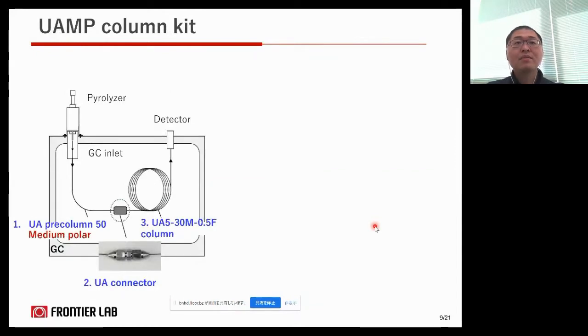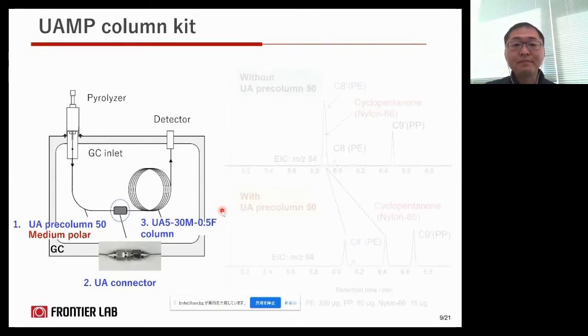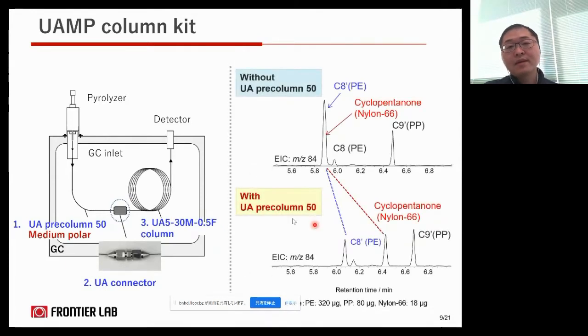The UAMP column kit consists of a pre-column, which has a 2-meter length and a medium polar stationary phase, and then a metal connector, and the main separation column, which is 30-meter length, 0.25 ID, and 0.5 micrometer film thickness with low polarity. Here, the right hand explains the improvement of peak separation.